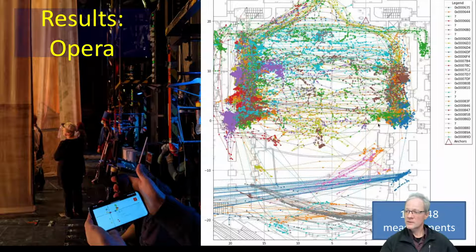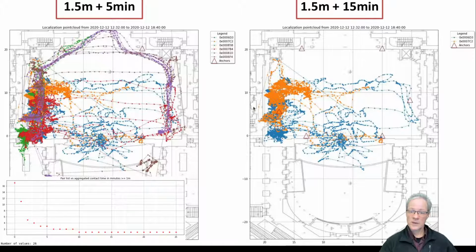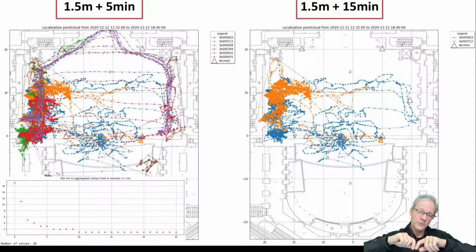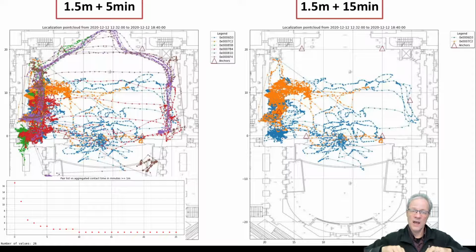So anyway, the right side is busy, the left side is busy. So maybe these are the risk areas. Except in this picture, every dot is just a single person. Therefore, we can do a calculation that turns a dot into a pair of 2 people, and only when those people are closer than 1.5 meters for more than 5 minutes in this case.